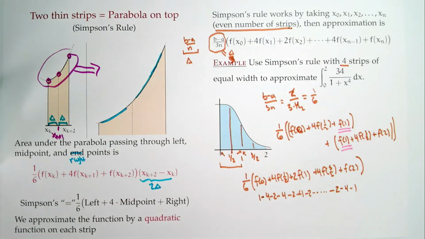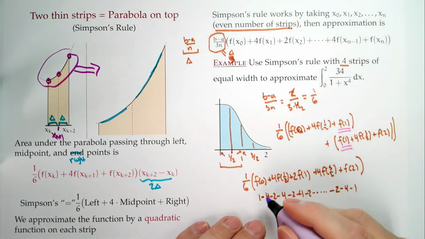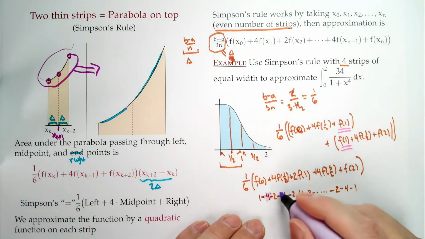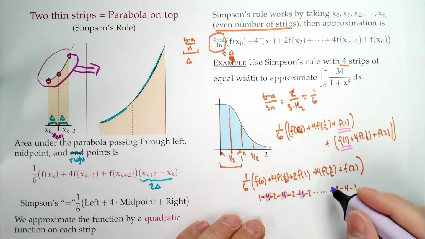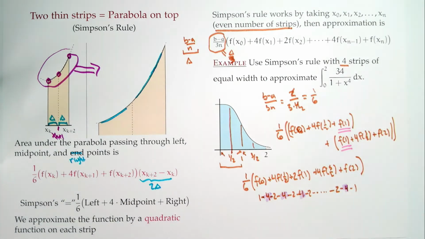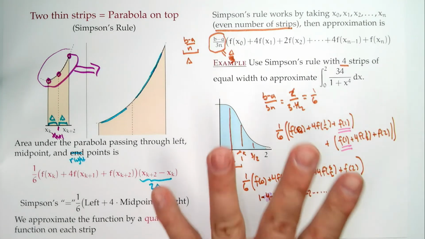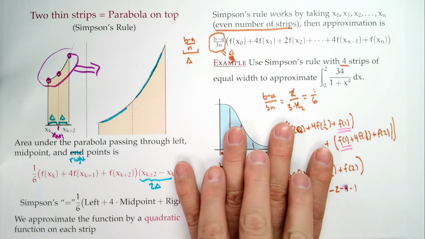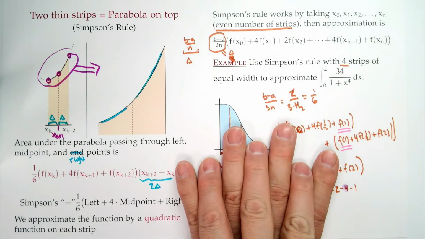Now, what can we say? A couple of interesting things to note. This seems strange, but we know the theory says it's actually good. If you look at where the 4s are, it's like every other one. So if you take your data, and you have an even number of strips, that ends up being an odd number of points.